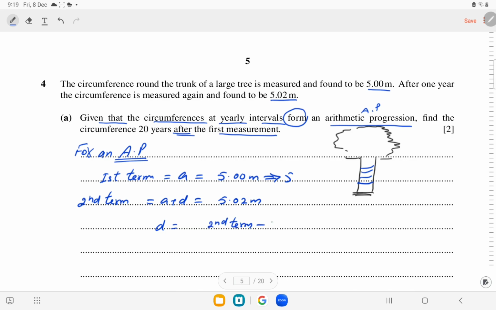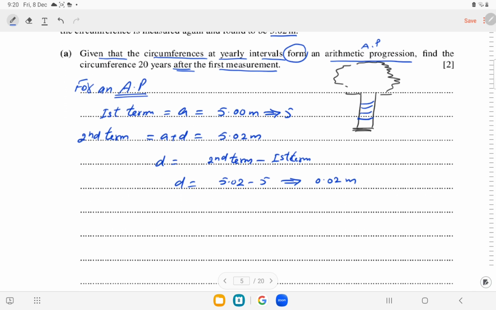We can write second term minus first term, so it will be 5.02 minus 5, that gives you 0.02 meter.